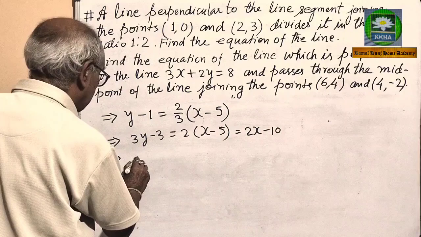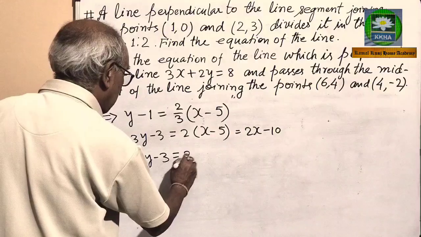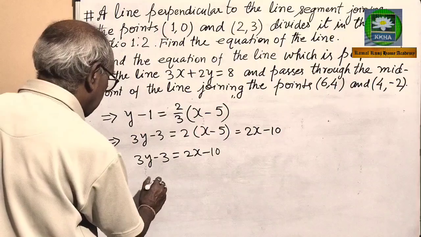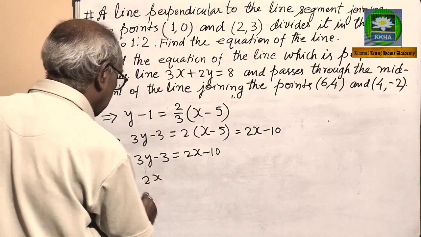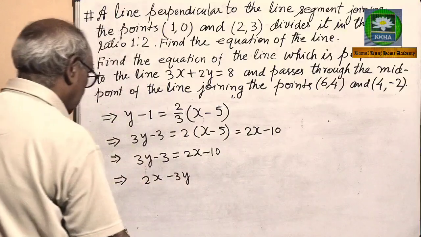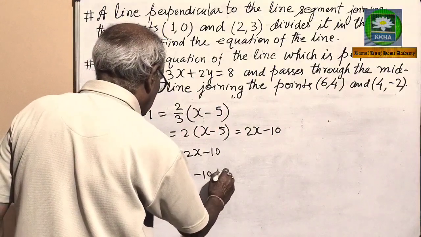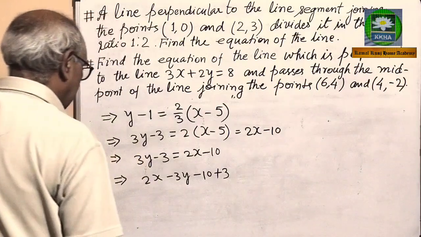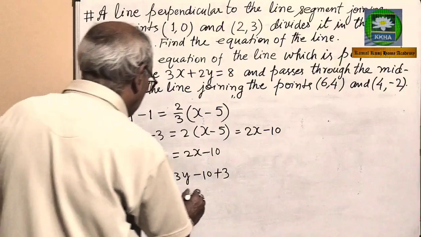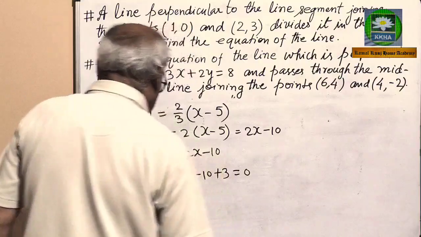This implies that 3y - 3 = 2x - 10. This implies that 2x - 3y - 10 + 3 = 0.